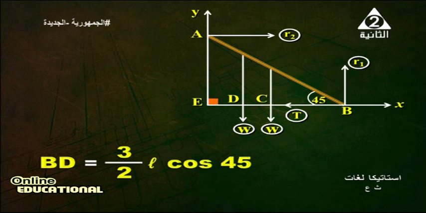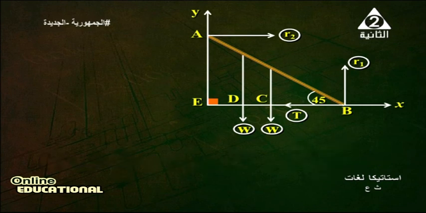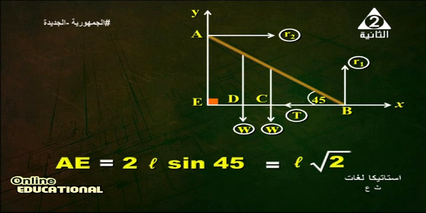Because the man is 3/4 the length of the ladder. Therefore, 3/4 root 2 L. AE equals 2L sine 45, because AE over AB equals sine 45. Sine 45 is root 2 over 2, then 2L times root 2 over 2 equals L root 2.